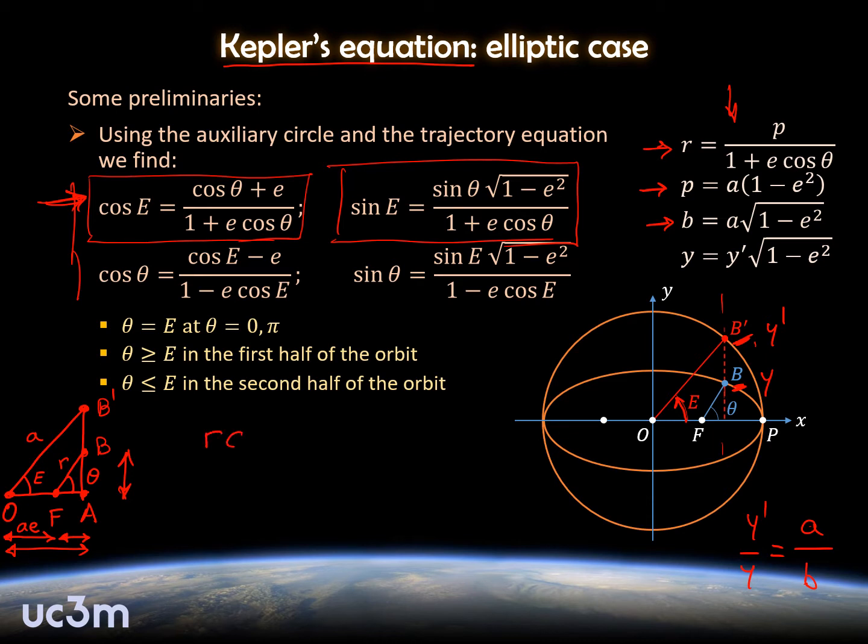So this is R sine theta, and the distance between A and B prime can be expressed as A sine E. Of course, they are not the same distances, but they are basically Y and Y prime.